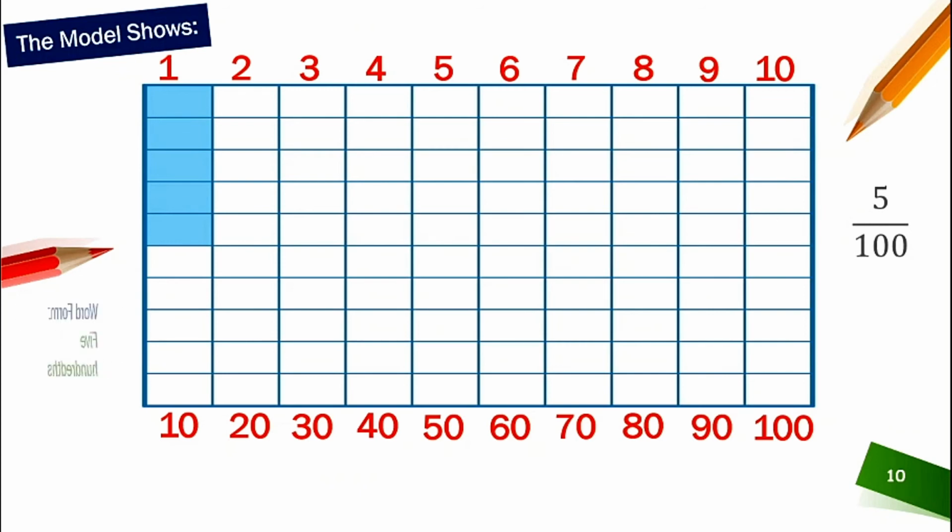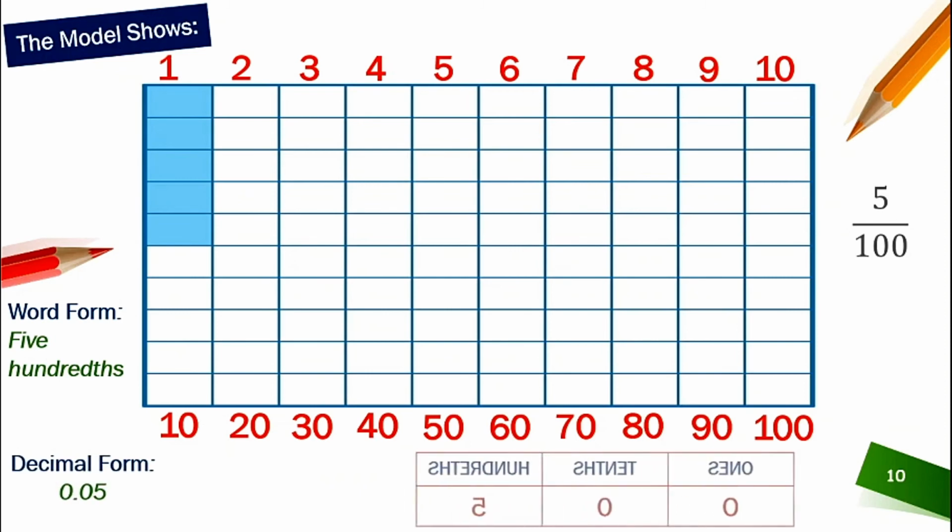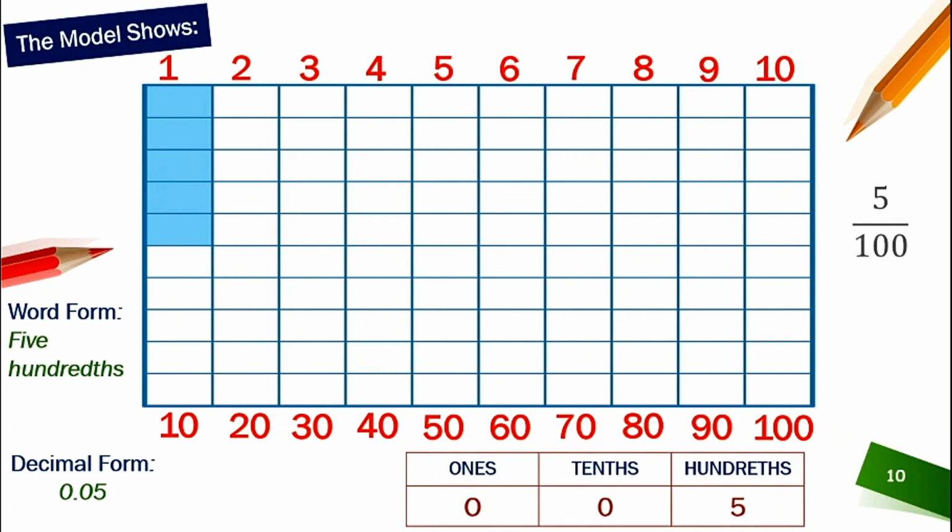In word form, it's 5 hundredths. In decimal form, it is 0.05. In our decimal place value chart, our ones is 0. We have the decimal point. Our tenths is 0. Our hundredths place is 5. 5 hundredths. Do I make myself clear?